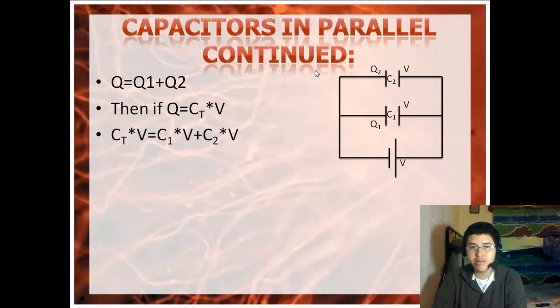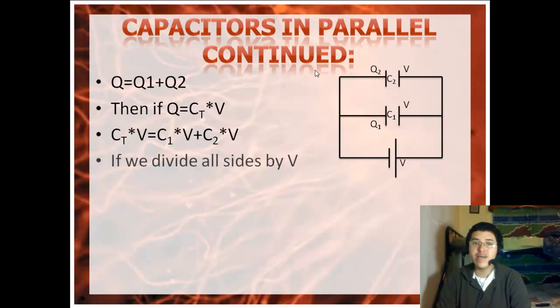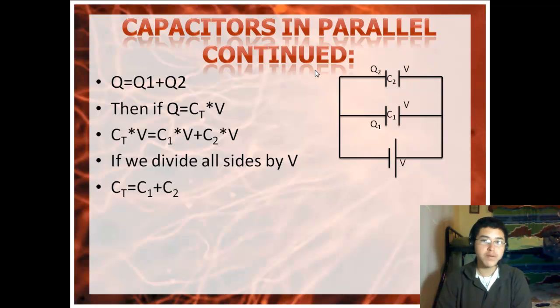I will restate that. The total capacitance times the voltage equals the first capacitance times the voltage plus the second capacitance times the voltage. And if we divide all sides of the equation by V, we get that the total capacitance is the summation of all the capacitances present.